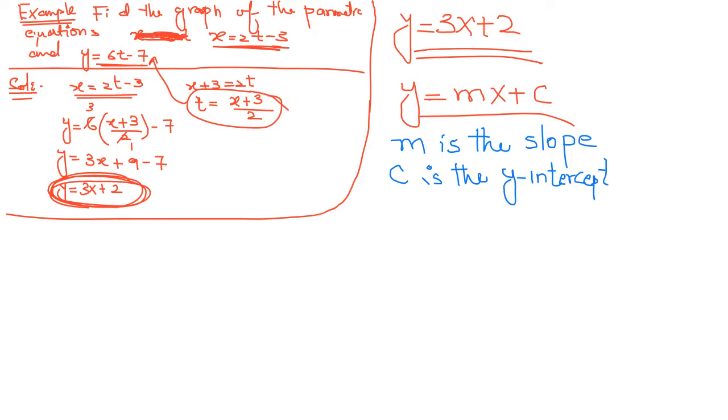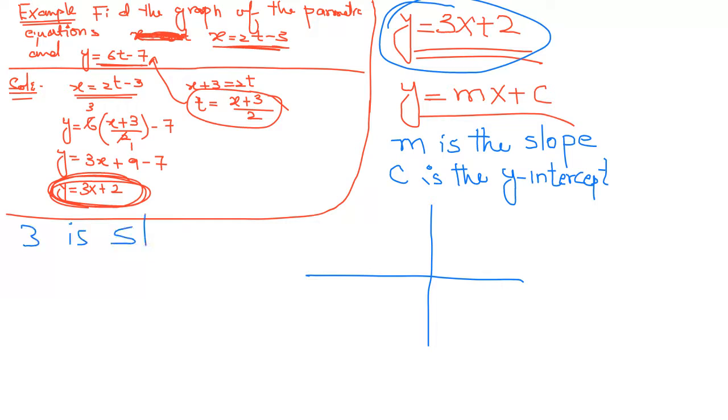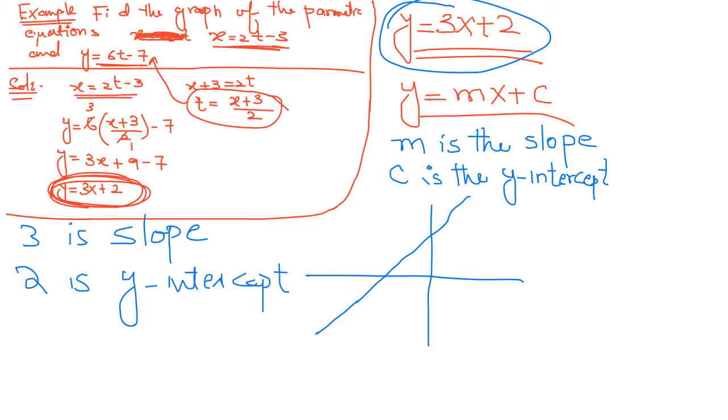So in this equation, what is the slope? 3 is the slope and 2 is the y-intercept, right? So the graph is like this. The slope is 3 and the y-intercept means this graph touches the y-axis at 2. So this is 2, this is the slope, and this is the graph.